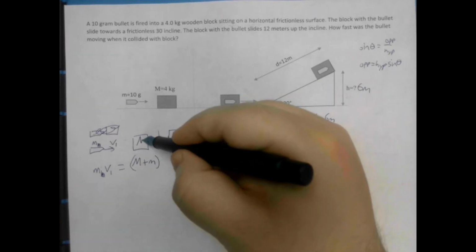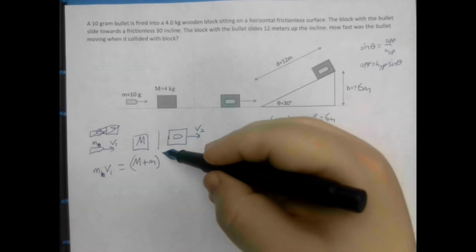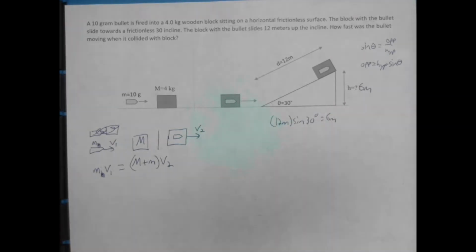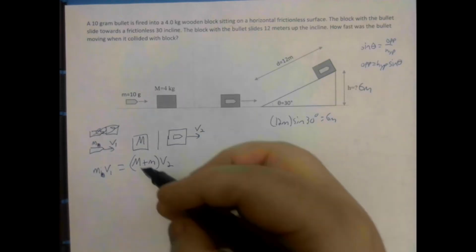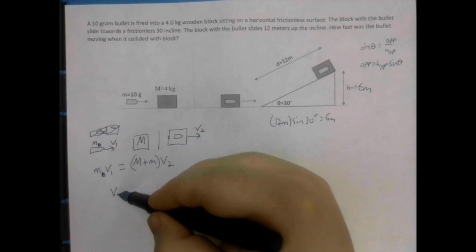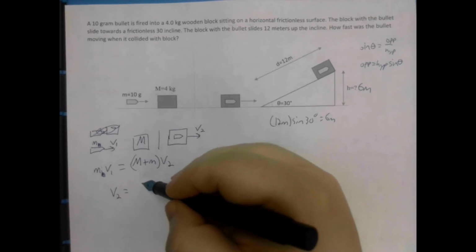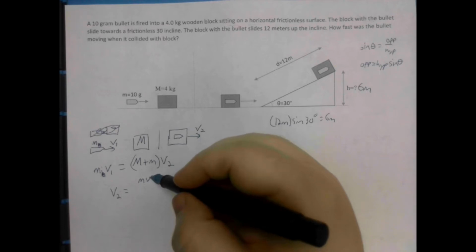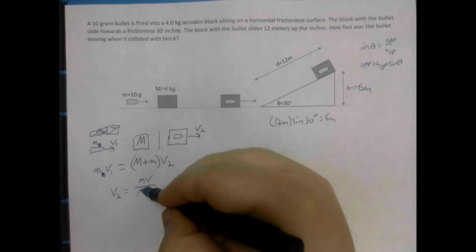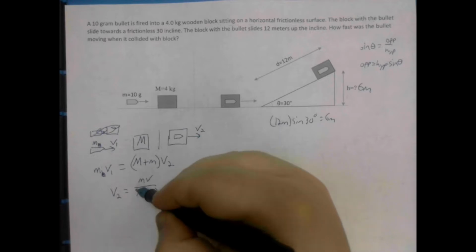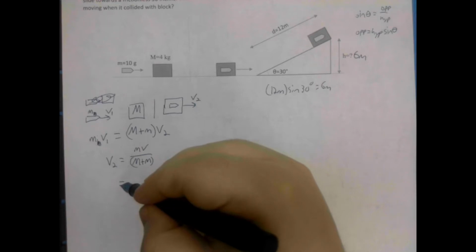So this is capital M, the bullet is lowercase m, and times the final velocity here. We can solve for the final velocity. The final velocity of the bullet and the block is equal to the mass of the bullet times the initial velocity of the bullet divided by the total mass, which we can go ahead and solve for.